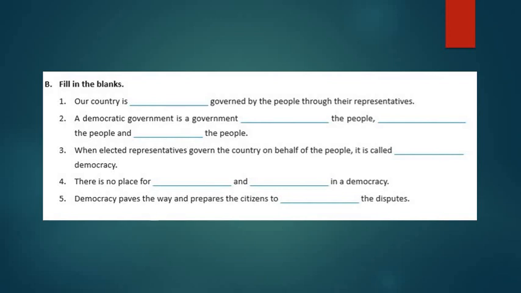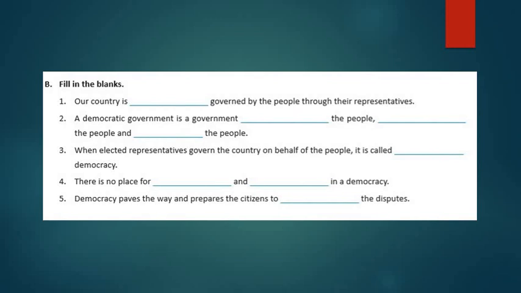Third, when elected representatives govern the country on behalf of the people, it is called dash democracy. It is called representative democracy. When elected representatives govern the country on behalf of the people, it is called representative democracy.